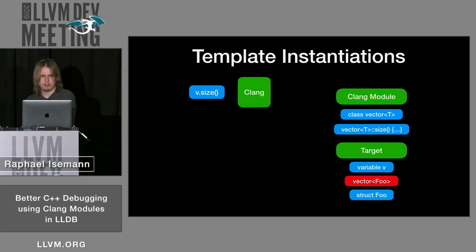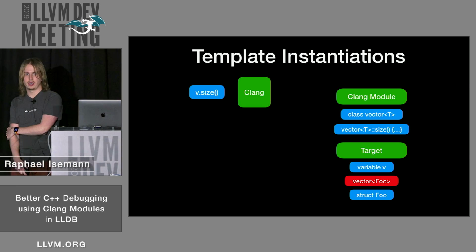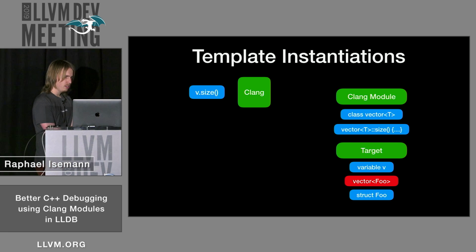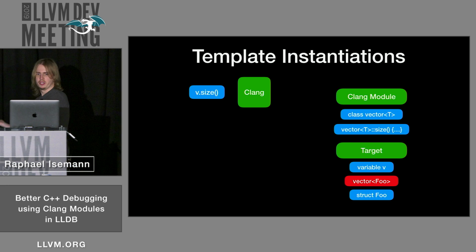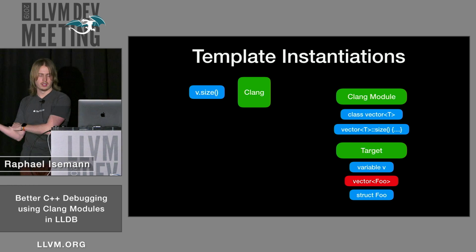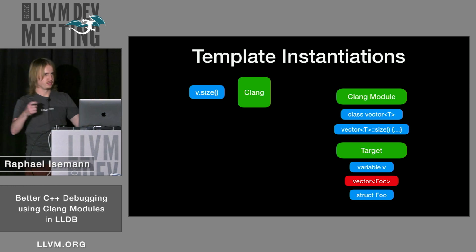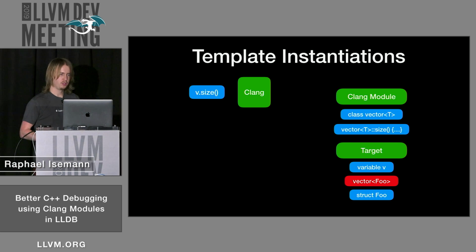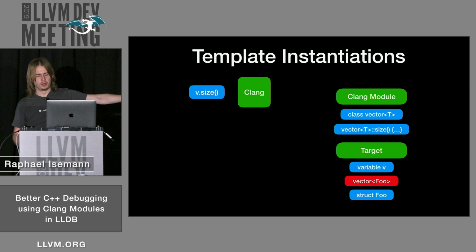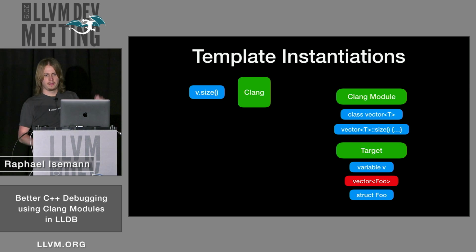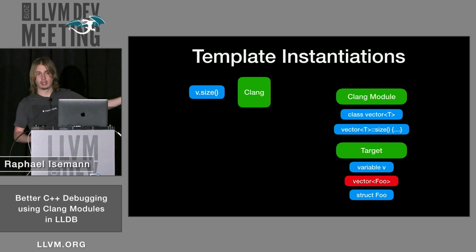All right, so let's try parsing the expression from the start, v.size. First of all, we need to resolve what v is. v is a variable of type vector of foo, which is a struct that references foo. So what usually would happen is we would copy over v, and we would copy over all the other nodes because they all reference each other. And this has a problem: it will bring over the vector of foo.